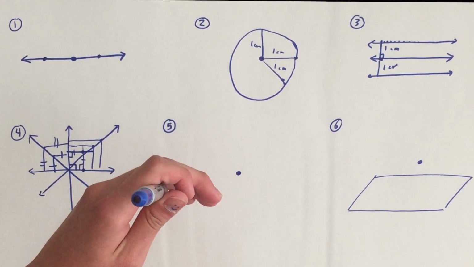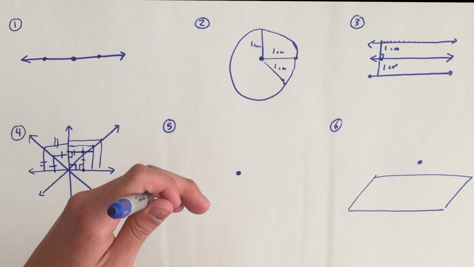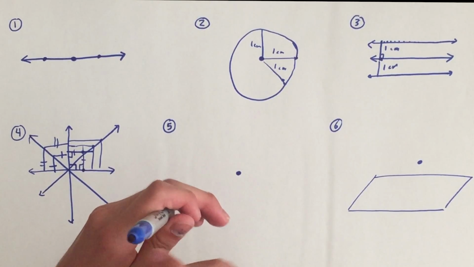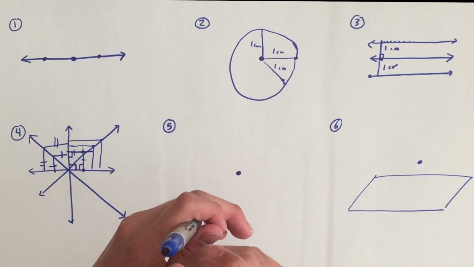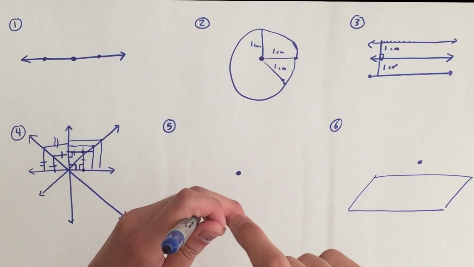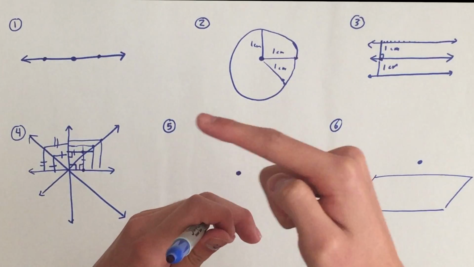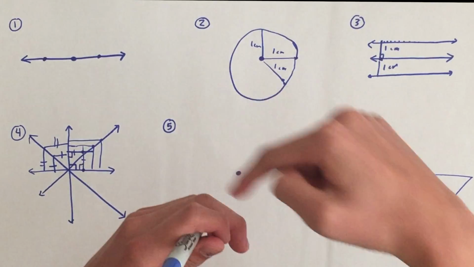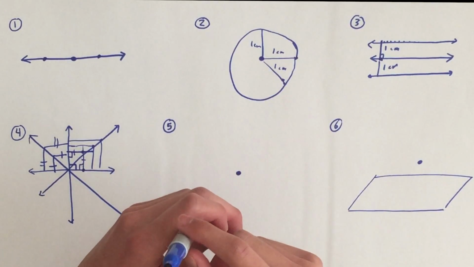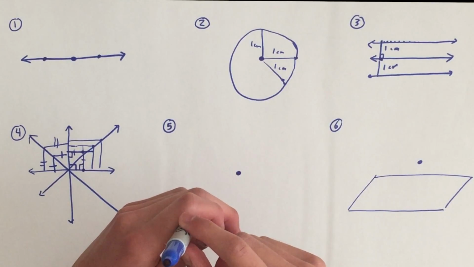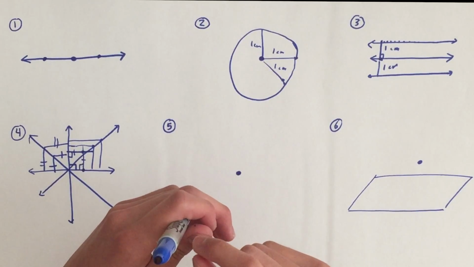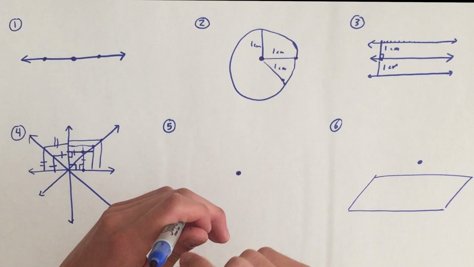And if you were to think, 1 centimeter away from this center point could be right here, or it could be right here, and it could be any number of points around, or any other way. So you'd realize that this is a sphere, because the radii would all be congruent.